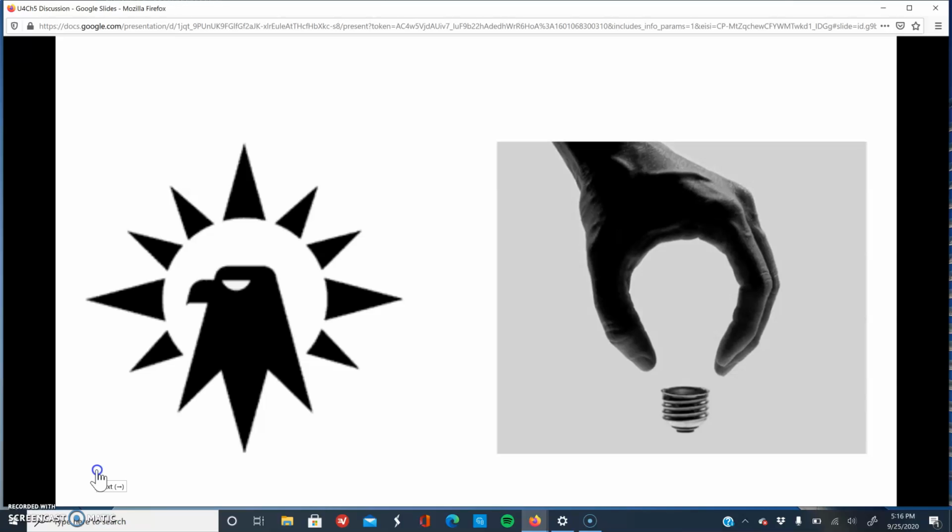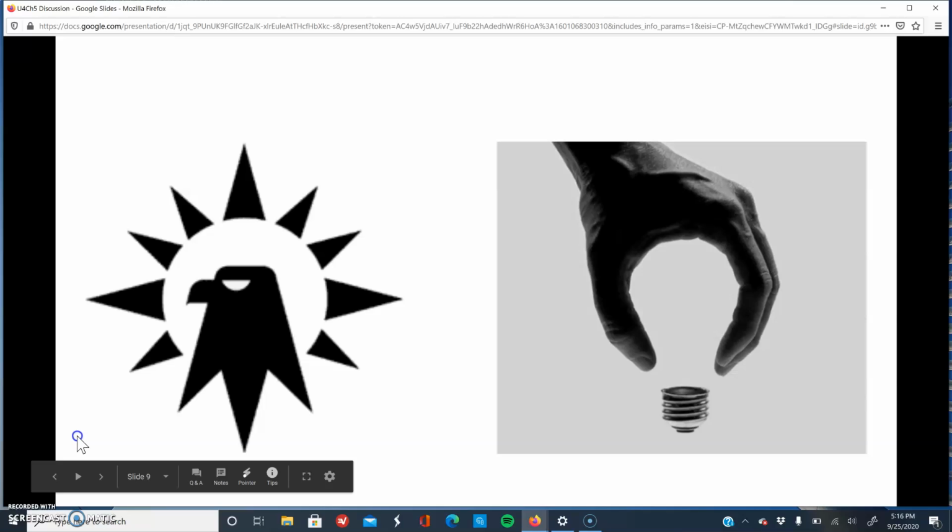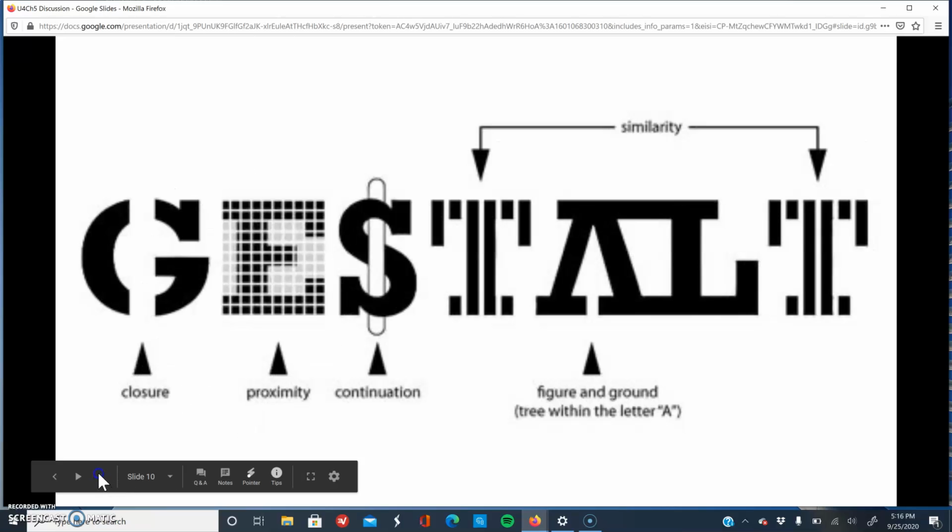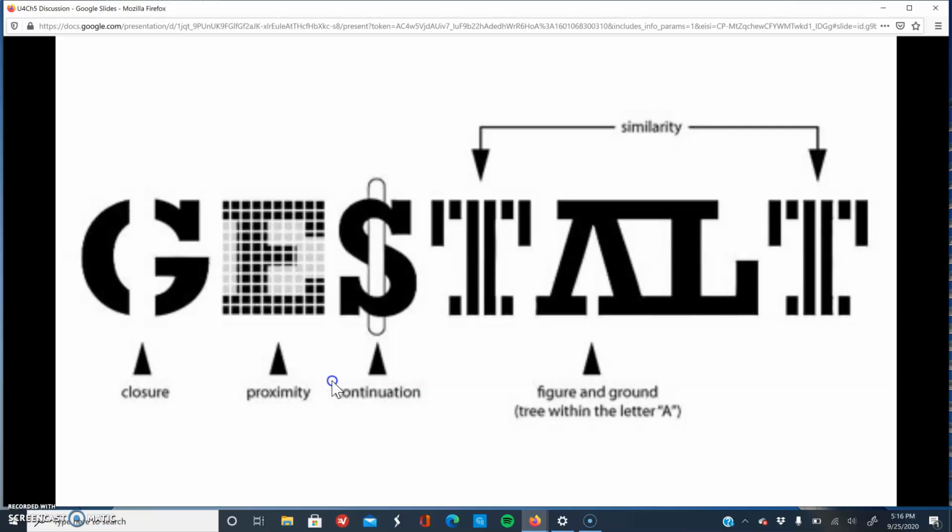When following the design, you have the circle being implied, but you also have the completion of that star with the neck of the eagle there at the bottom. And this is just something that I saw, a graphic of Gestalt being broken down into its own principles, and I thought it was cool.